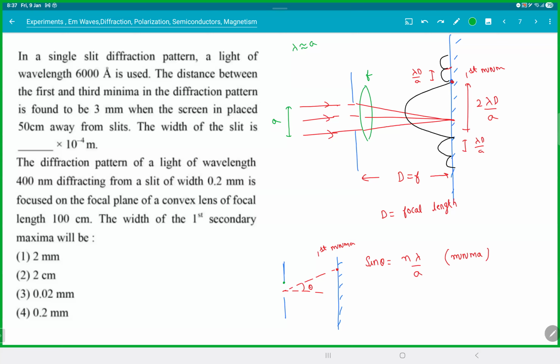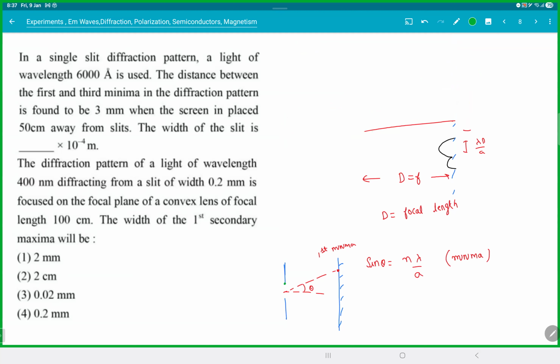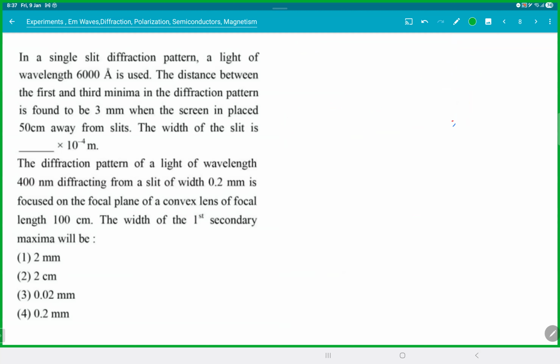So how do we solve this thing? These are all the formulas there. You should check it out. So for the first question, in a single slit diffraction pattern, the distance between the first and the third minima. That is basically two fringes, meaning if you have to draw the picture, this is how it would look. This is your central maxima.